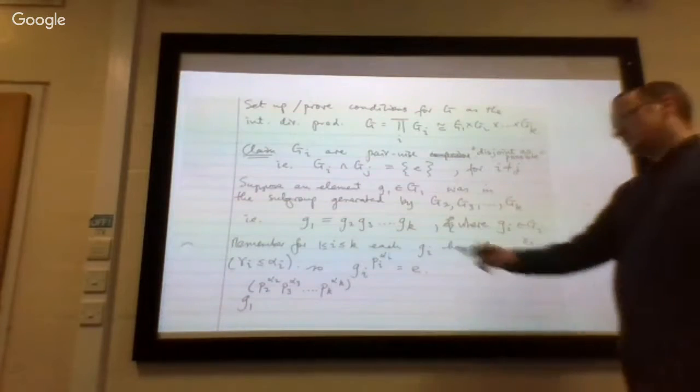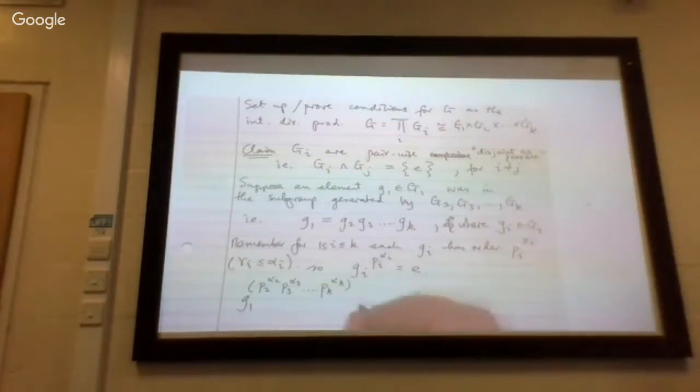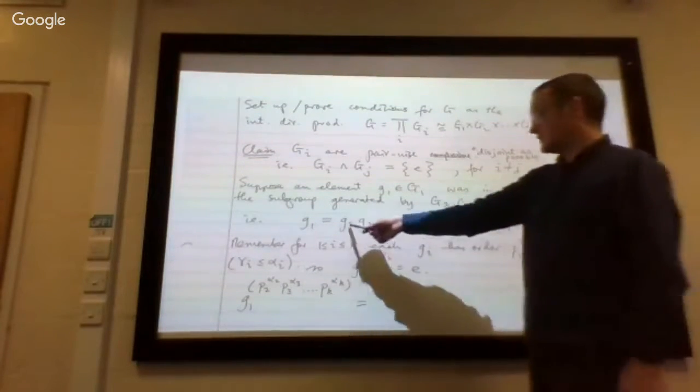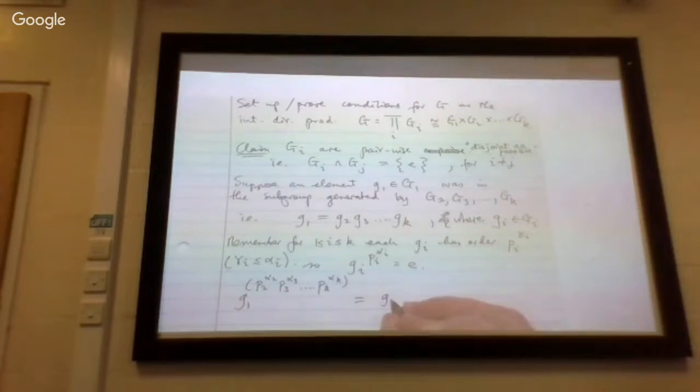Okay, so we're raising G1 to this huge exponent. G1 is equal to G2 times G3 up to Gk. So that's the same as raising G2 up to Gk to that same large exponent.